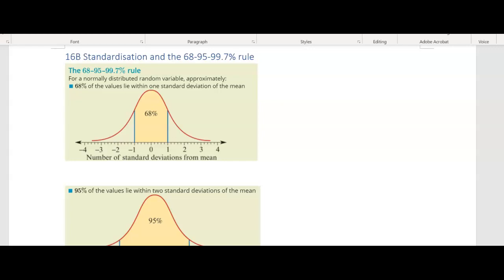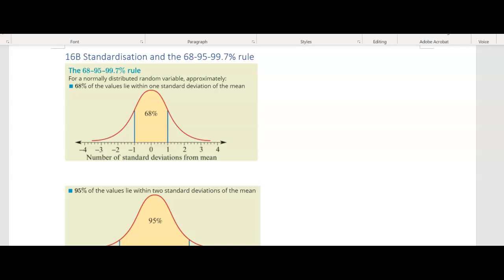In this video, we're going to go through 16B, standardization and the 68, 95, 99.7% rule. So we're staying with normal distribution, and basically this section is very straightforward. If you understood 16A, you'll be fine with this.